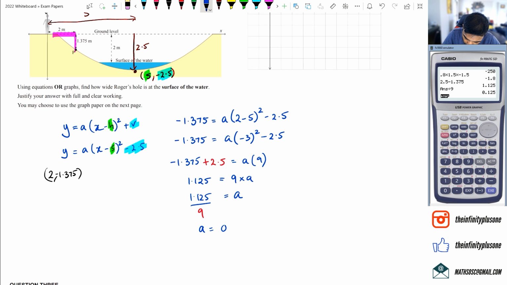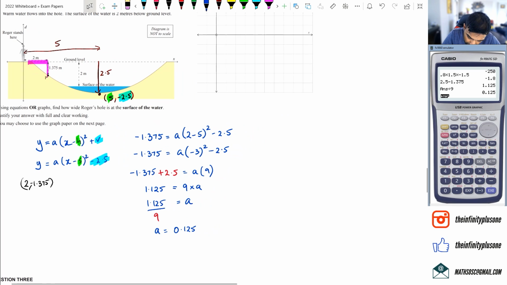So my a value is equal to 0.125. So my equation of this parabola is y is equal to 0.125(x minus 5) squared minus 2.5.